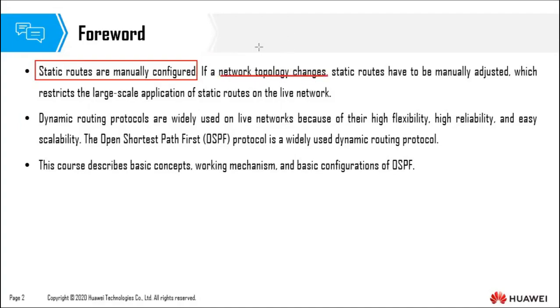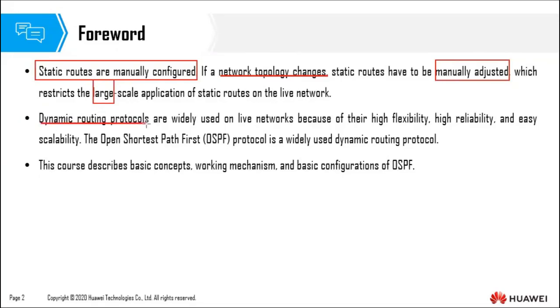Either a link goes down, an interface goes down, or the device itself goes down. If that happens, static routes have to be manually adjusted, which restricts the large-scale application of static routes on the live network. So if you have a large network, then it's not possible to use static routes.